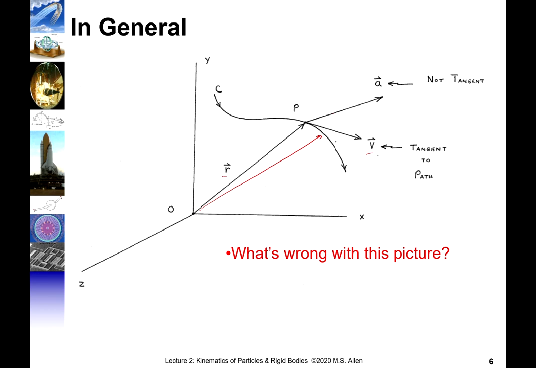So there is a problem with this picture, and that's that the acceleration vector is drawn pointing off in that direction. Is that possible? Well, if a particle was really following a curved path, from our airplane example, you might guess that the acceleration should be inward. And you could actually derive that if you were to look at this is velocity, and this is v plus delta v. Okay, sorry, let me write that a little neater, v plus delta v.